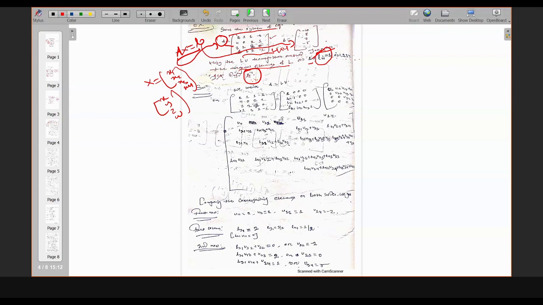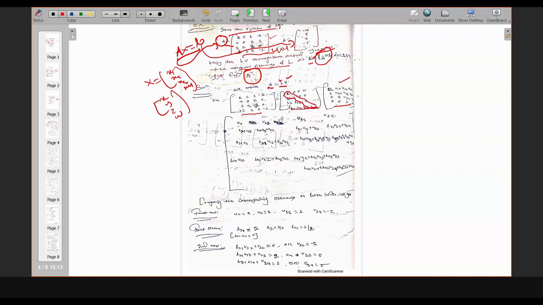According to this technique, we need to write A equals the product of L and U. A is this, L is this, and U is this. You can see I have chosen all the diagonal elements as 1, and U is in the normal form.